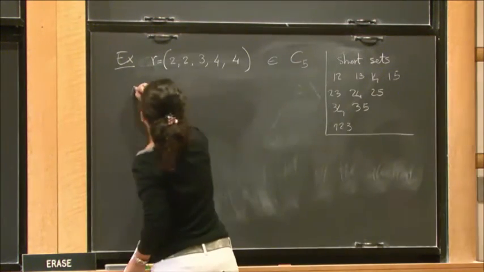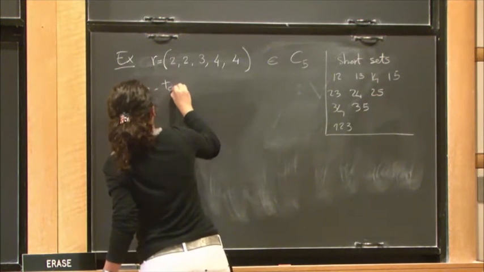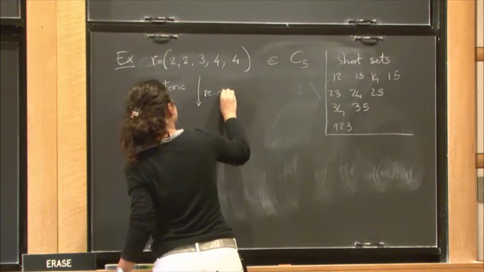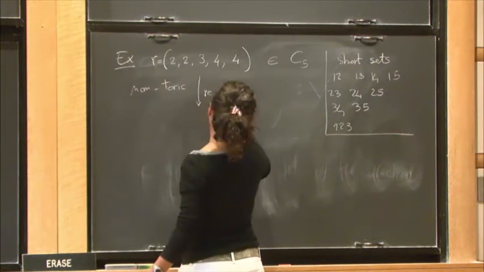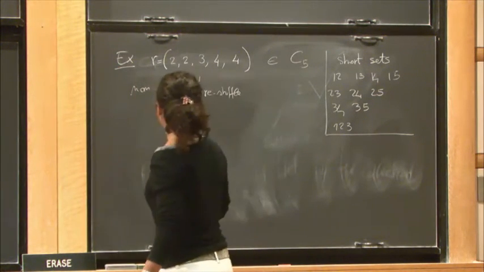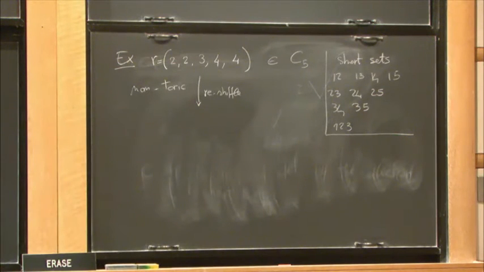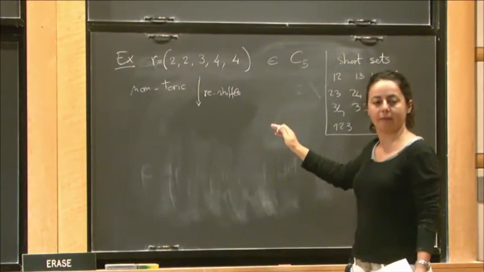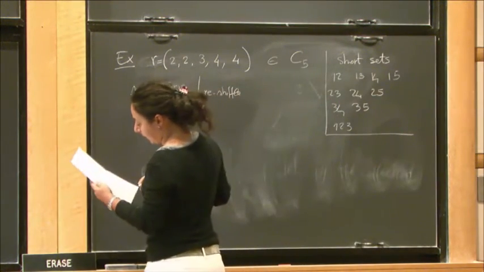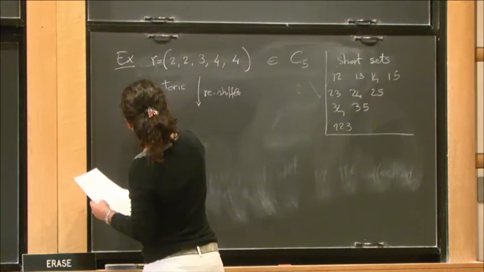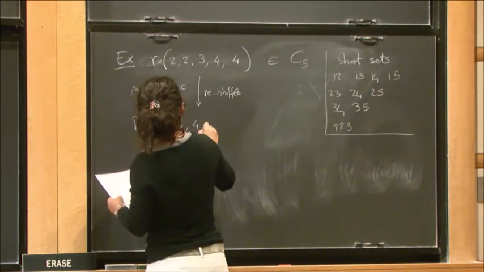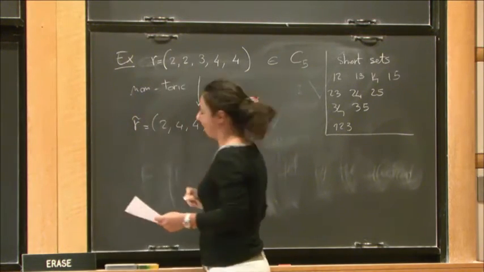Okay, non-toric, bad. So we reshuffle. When you apply a permutation on the order of the edges, the manifolds are symplectomorphic. So I want to shuffle it to, say, R tilde equal to 2, 4, 4, 2, 3.